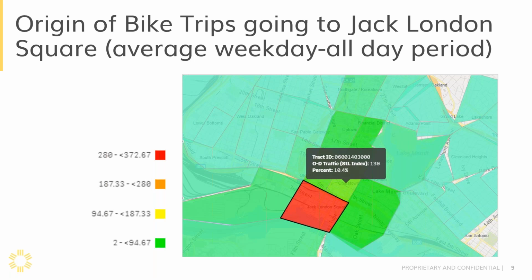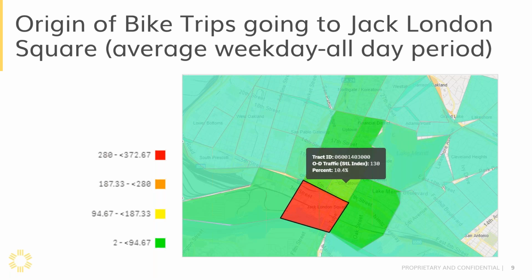So the red indicates that there are a lot of trips that are beginning and ending in Jack London Square, meaning that if you lived within that census tract, you would then be able to ride your bike somewhere within that census tract. So fairly short trip, but there are people coming from the northern part of town, riding in either for commute or some other trip purpose.